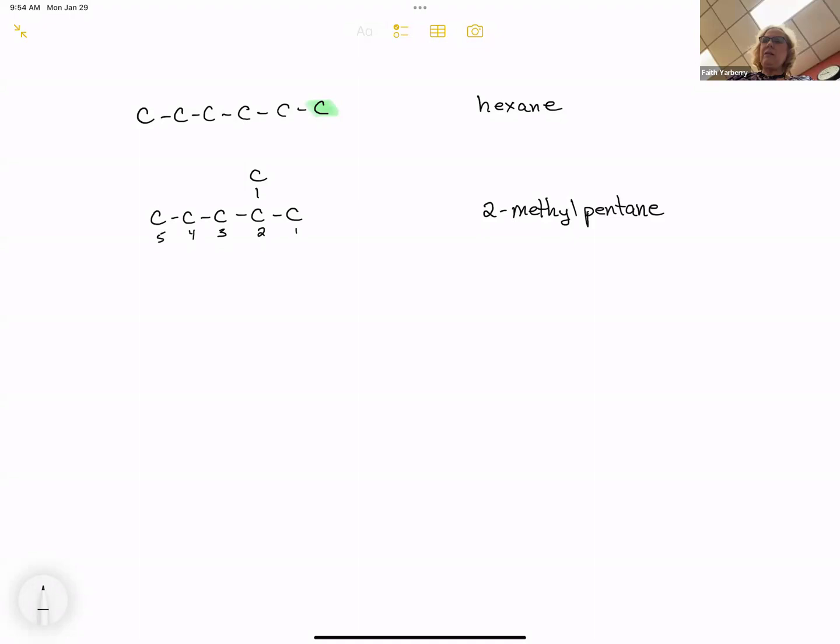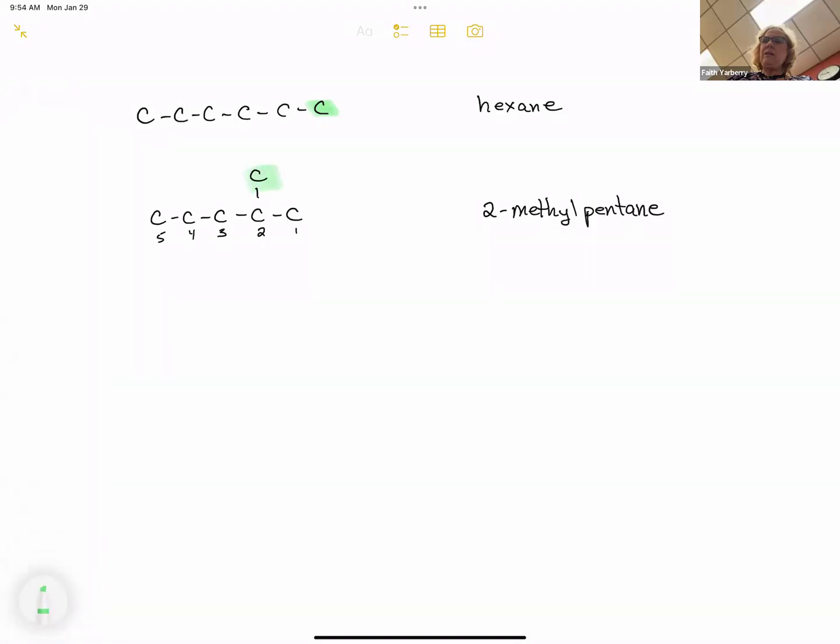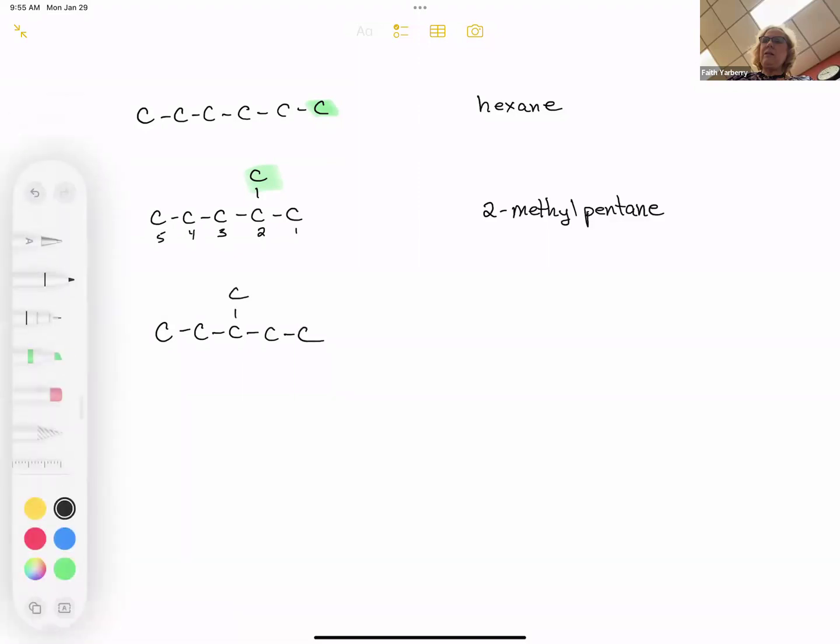Okay. And now my original carbon that I started to move is this one. I'm going to move it again. But this time, I'm going to put it on the center one.